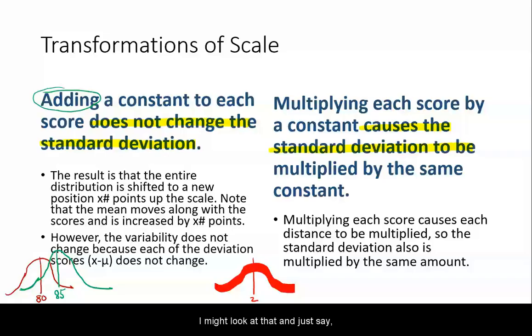Oh my God. I might look at that and just say, holy cow, I'm just going to double everybody's score because something went badly wrong. So that's going to change where my mean is, right? It's going to change my mean to 4, but it's also going to change how spread out everything is.